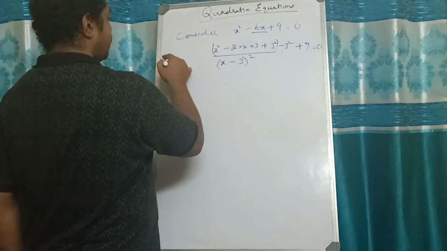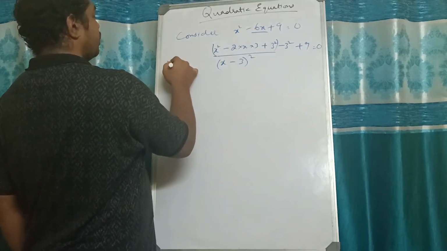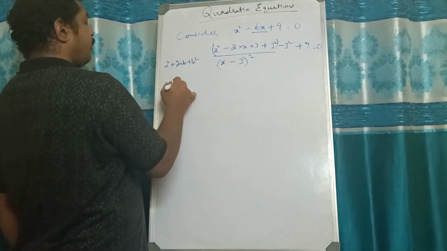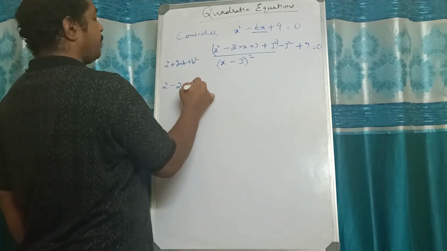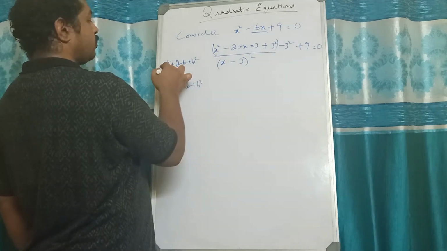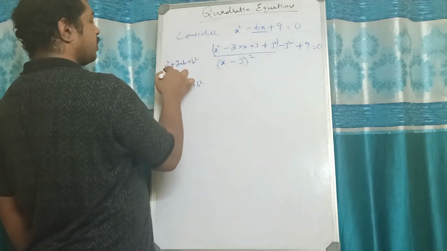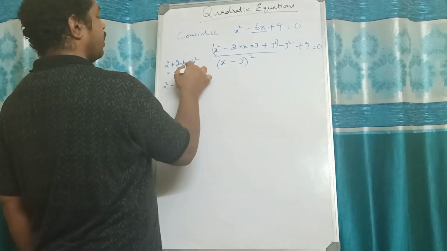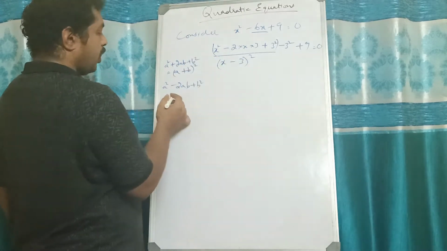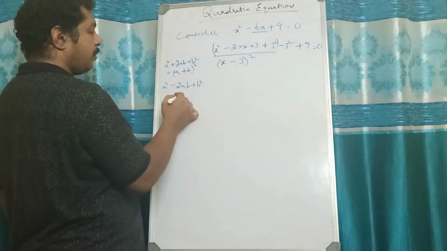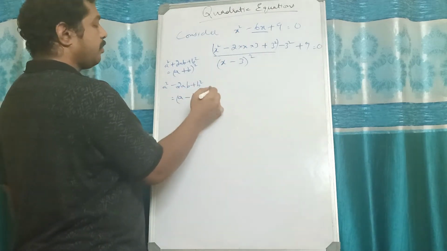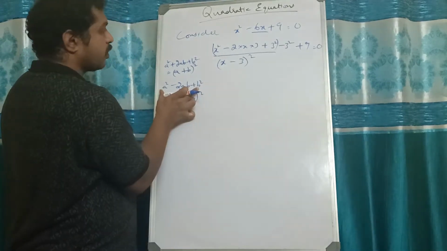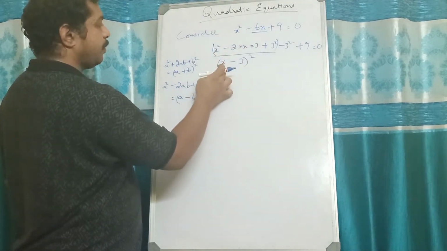So any kind of quadratic expression of the form a square plus 2ab plus b square can be written as a plus b the whole square, or if it is of the form a square minus 2ab plus b square, then it can be expressed as a minus b the whole square.